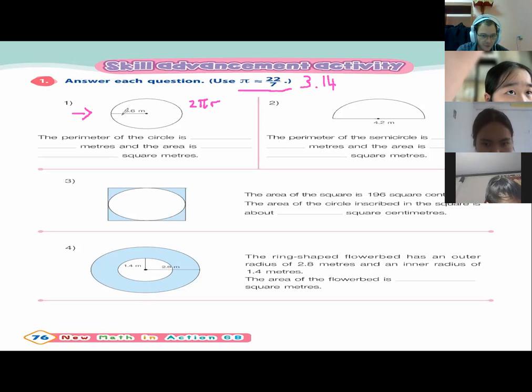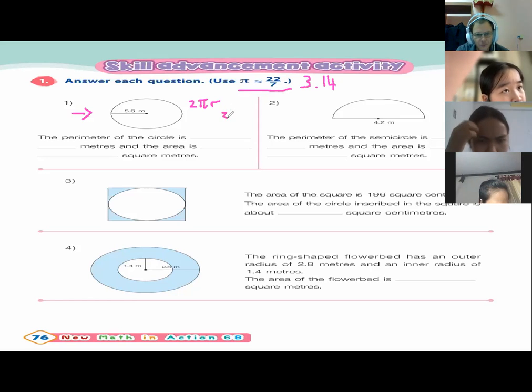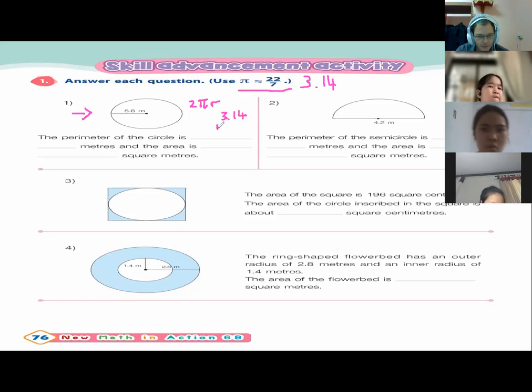The radius is 5.6. 5.6 multiplied by 2 equals 11.2. Multiply that with 3.14. 3.14 multiply with 11.20. So who wants to do that calculation for me quickly, please?